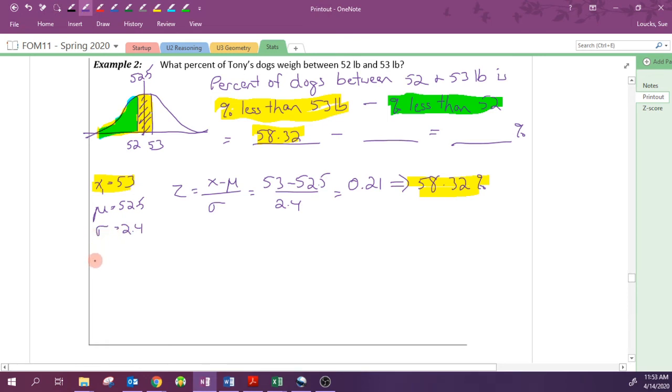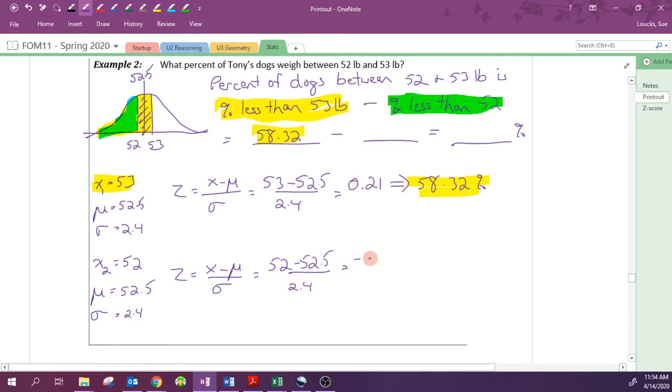Okay, and then the other one, x2, is 52. My mu is still 52.5. My sigma, 2.4. Z equals x minus mu over sigma: 52 minus 52.5 over 2.4.